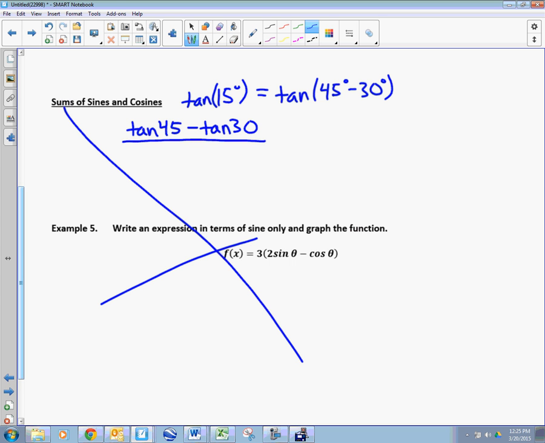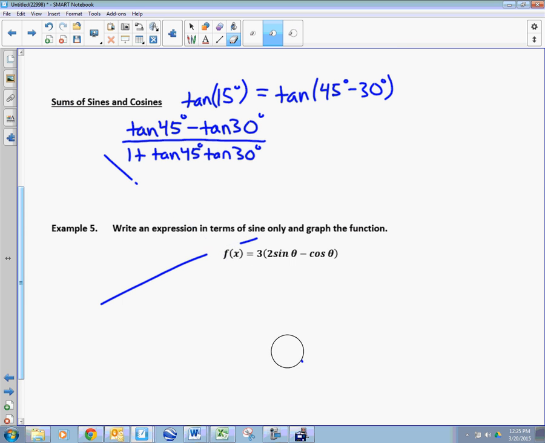Divided by what? What is the tangent of 45? Tangent of 45 is 1. What's the tangent of 30?